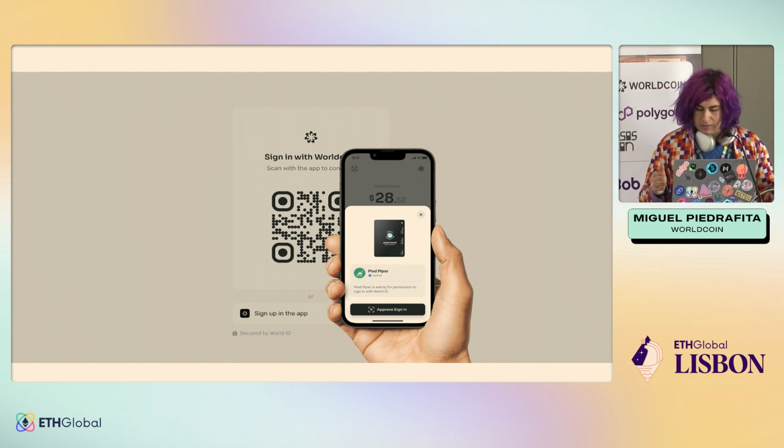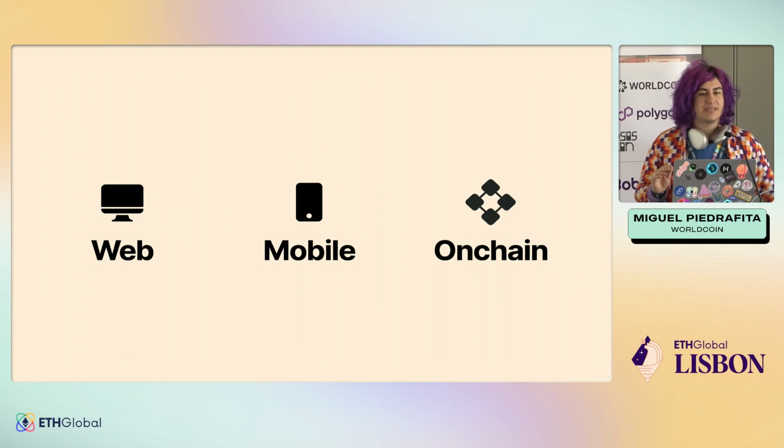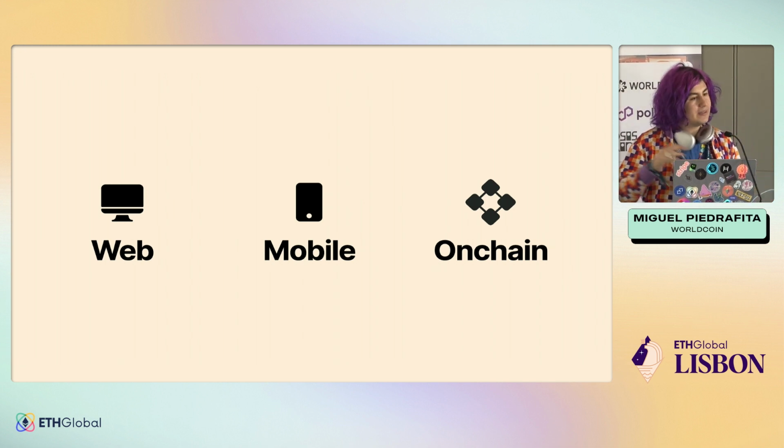And then for anonymous actions, we build something that works across every single type of decentralized application and that gets validated on-chain, making it so that you can have anonymous actions that cannot be tied to each other.